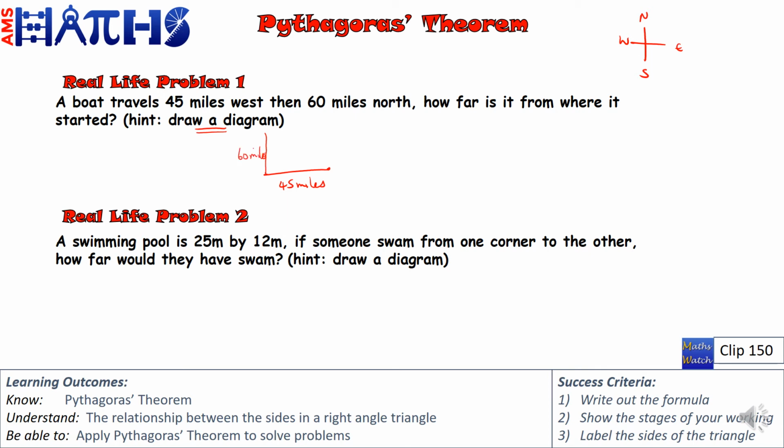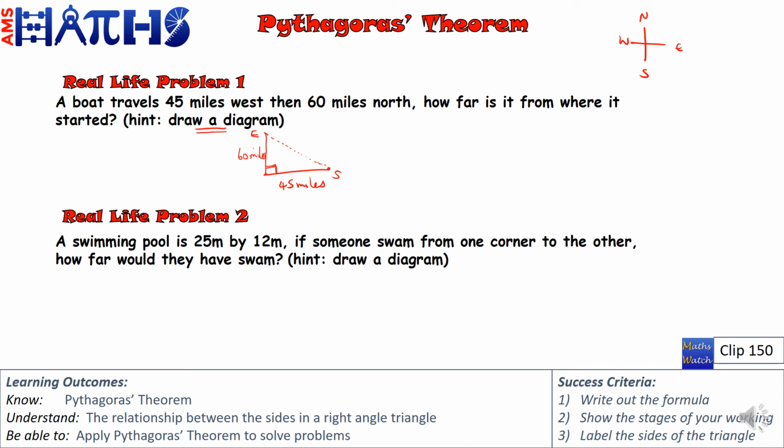And that would be, if you go west and then north, it means a 90-degree angle would be formed there. So if the boat started here and ended up here, they're asking you what is the distance between where it started and where it ended up. So we're looking at a right angled triangle. Now that distance they're asking us to find is the hypotenuse.